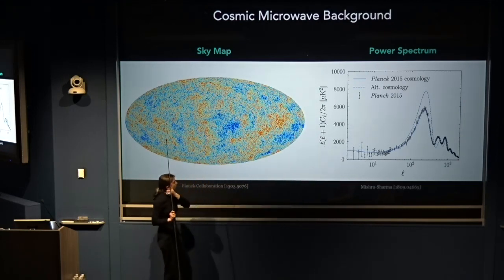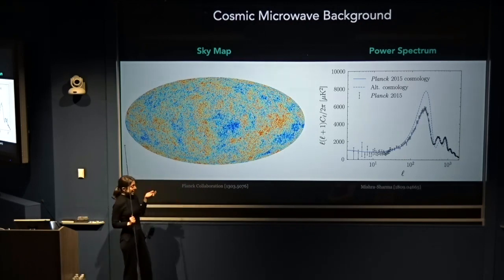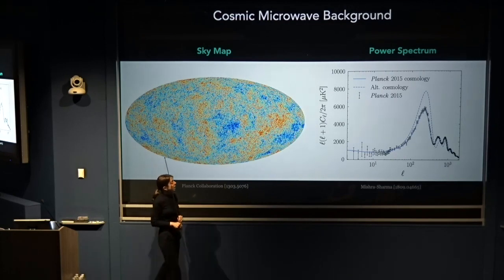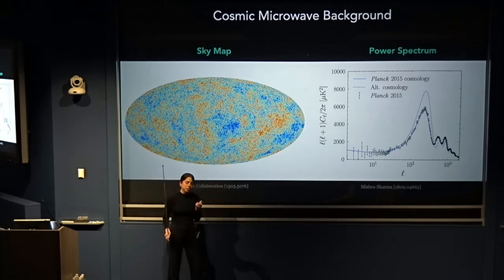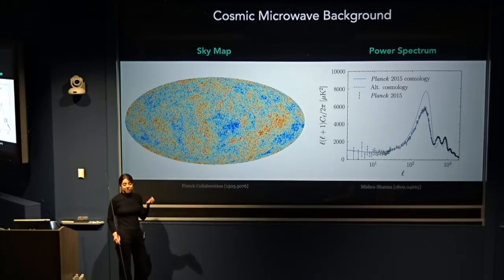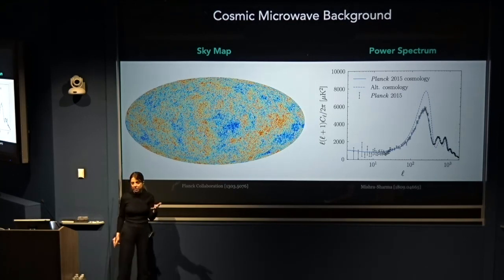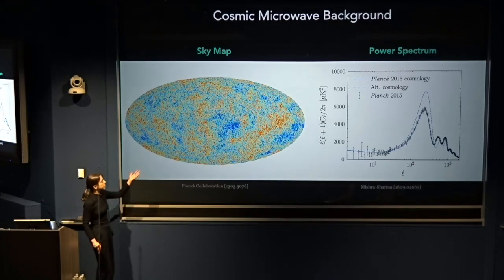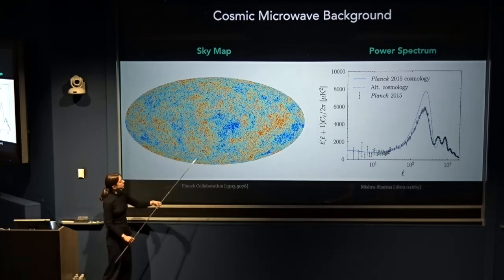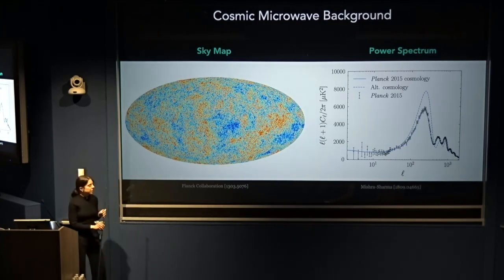So it's incredible, this data that we have from this snapshot of the early universe. It really allows us to do precision physics and understand and quantify how much dark matter exists in the universe in order to be able to explain the structures that we see here from this photon data.